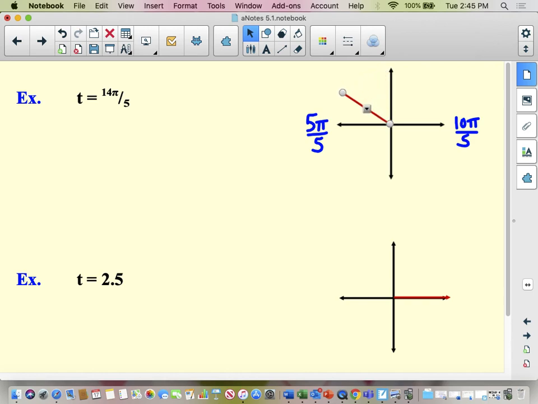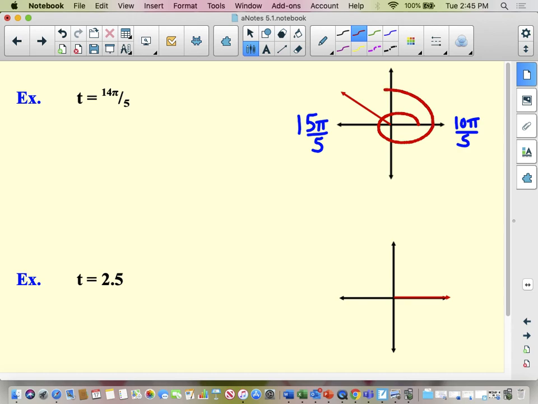Okay, so let me just change this. This would be 15/5. If I keep adding 5/5, every increment of pi is another 5/5. I'll show you with my red pen again. This all the way around is 10/5, plus another 4 would be 14/5 pi.